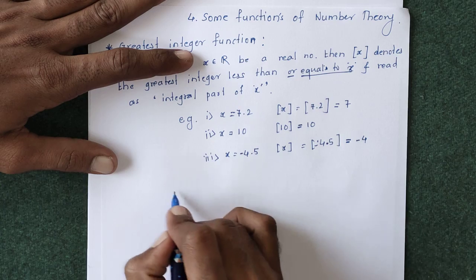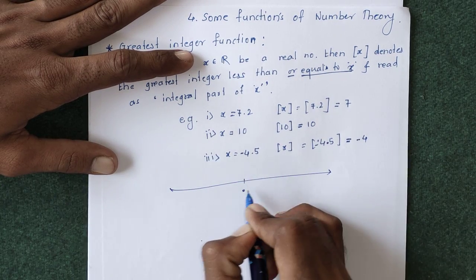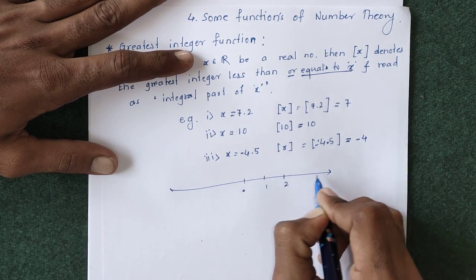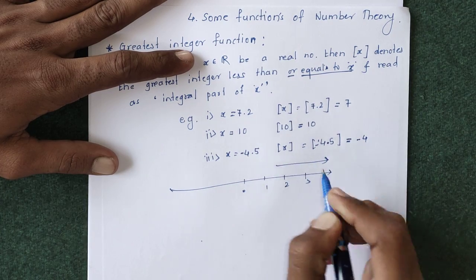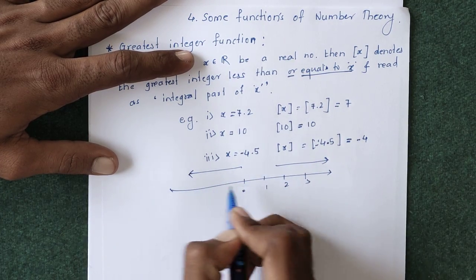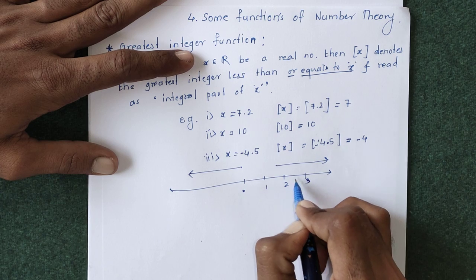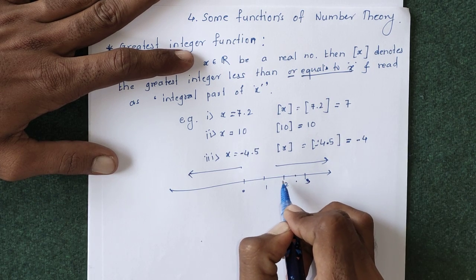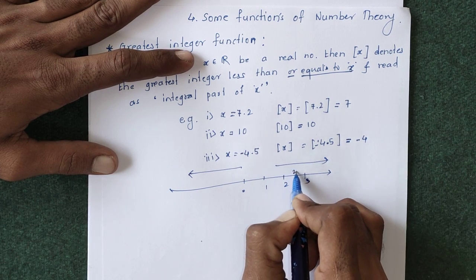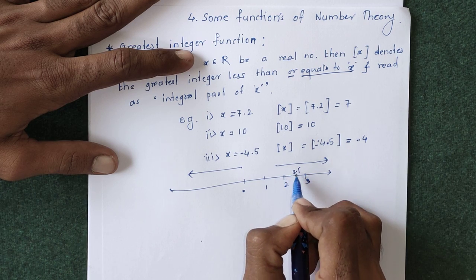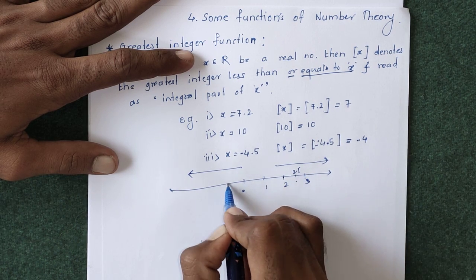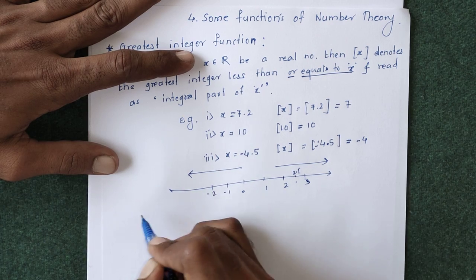One thing must be kept in mind: in this direction the numbers are increasing, and in this direction the numbers are in decreasing order. So if we take the number 2.5, the integers less than 2.5 are 2, 1, 0, minus 1, minus 2, all are integers.